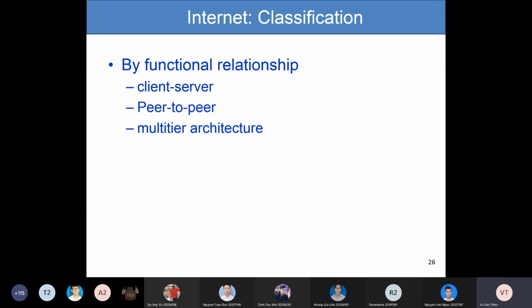For a client-server example, take the computer network in our university. There are some servers installed in Tạ Quang Biểu library. Some computers are used as servers. Those computers store data, store programs, and provide services, provide data, provide software for our computers.